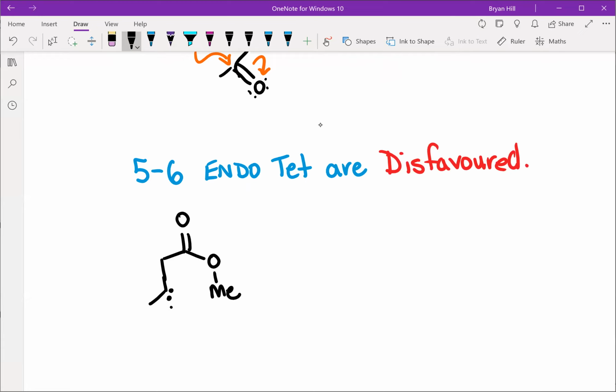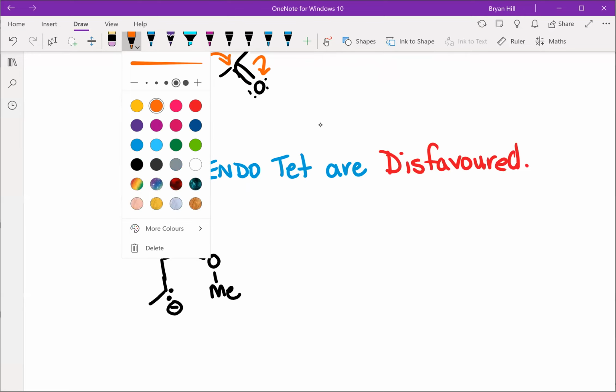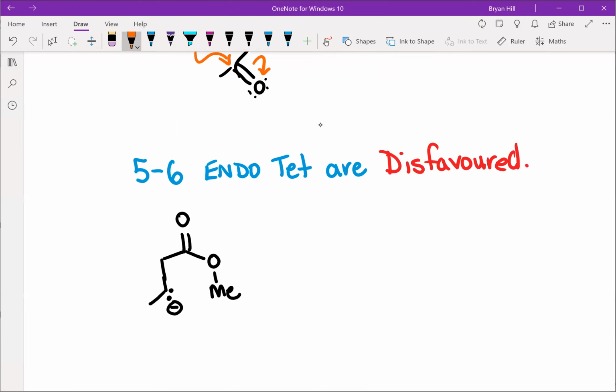Let's pretend that we had some sort of ester or some darn thing. And we wanted to do, and I should actually put some methyl groups there, and we wanted to do this reaction here.